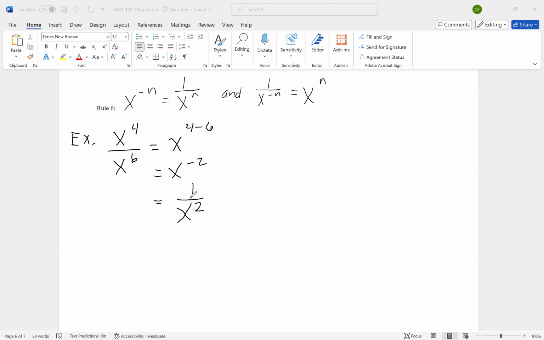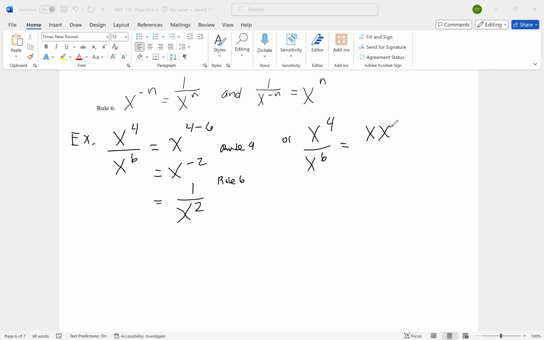Another way to think about this, and this is if we use rule number 4 up here, and then we did rule number 6. So another way that we can think about this is more from like a logical standpoint, okay?